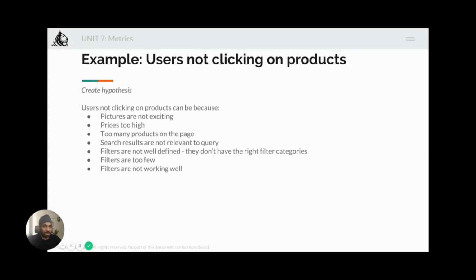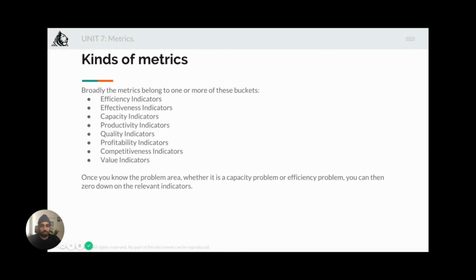Your particular company, your particular product, your particular industry might vary from what I just described. But the important thing is, how do you come up with a hypothesis? And how do you then convert that into a metric that is trackable and measurable? Right? So let's jump on.